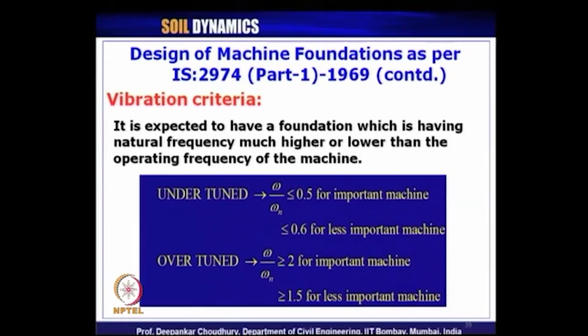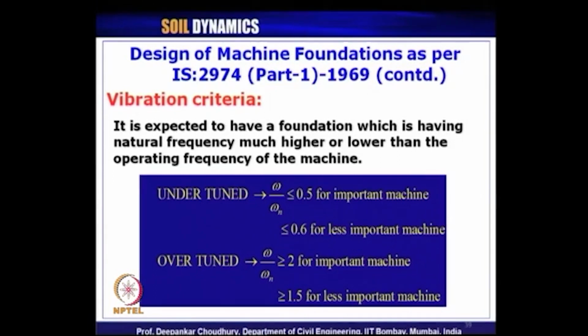Now, which one has to be chosen? Can you think about it? Which condition, undertuned or overtuned, should you select as a designer when you are going to design a machine foundation? It depends on the operating frequency or the type of machine for which you are going to design the foundation.